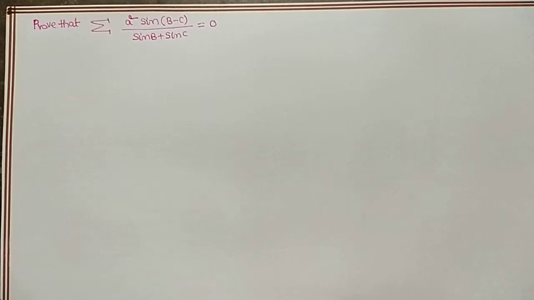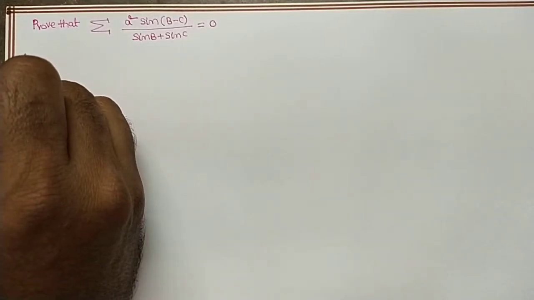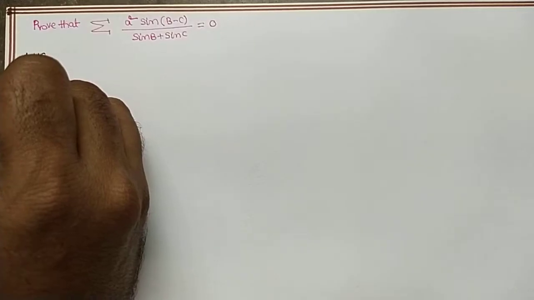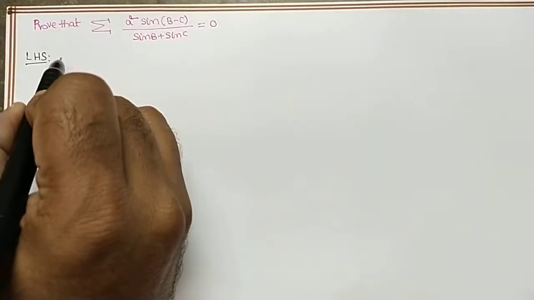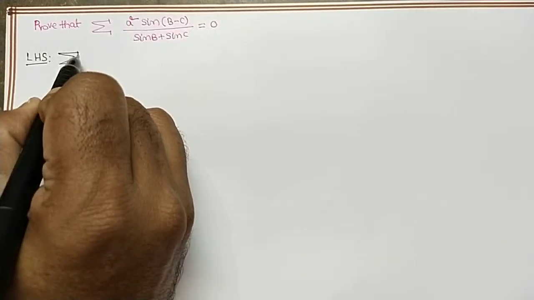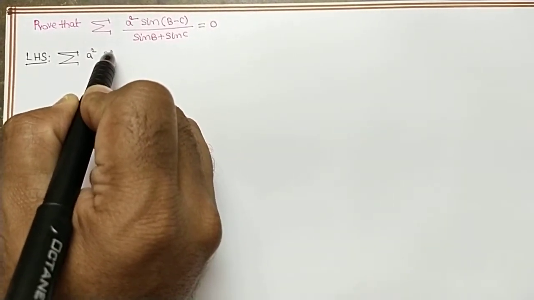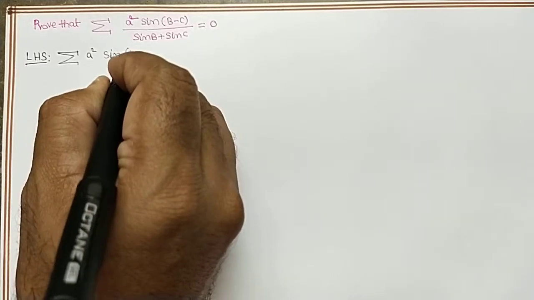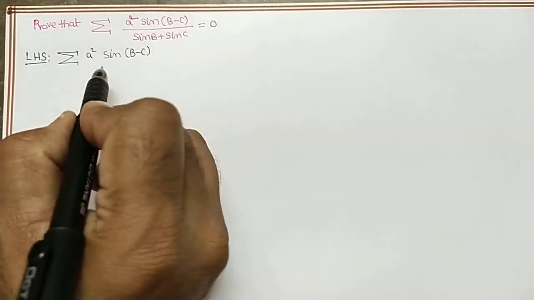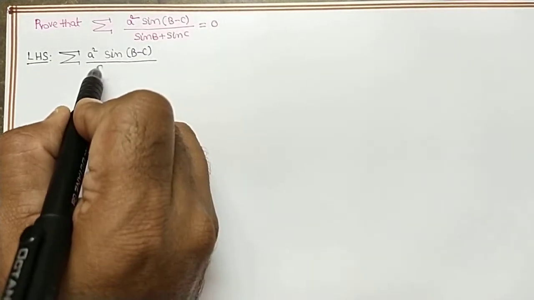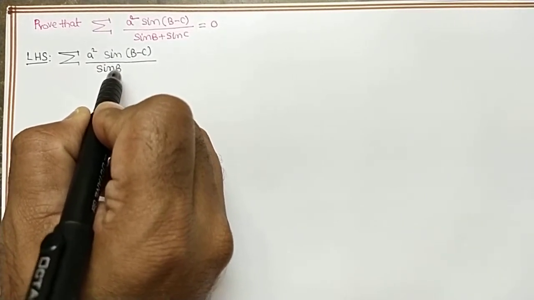Now consider LHS. LHS means summation or sigma a square into sin of B minus C divided by sin B plus sin C.